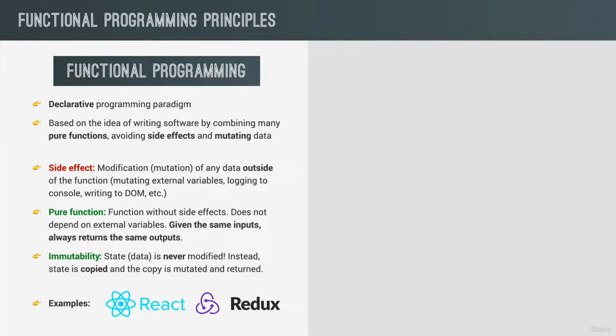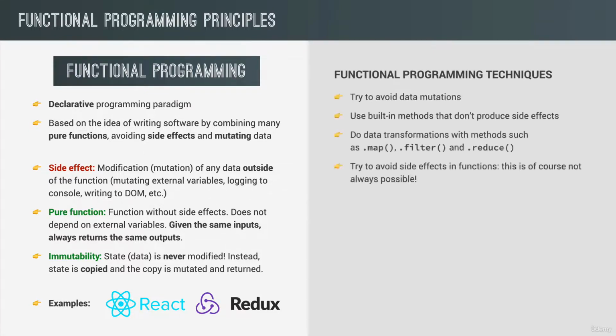And so, again, we can already start using some of the functional programming techniques in our own code base. So, for example, you can try to avoid data mutations as often as possible. And of course, this will not always be possible, but it's also not really necessary. So these are mainly just suggestions, but which will still create more readable and overall better and cleaner code.